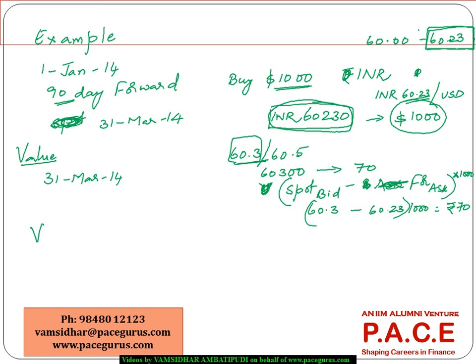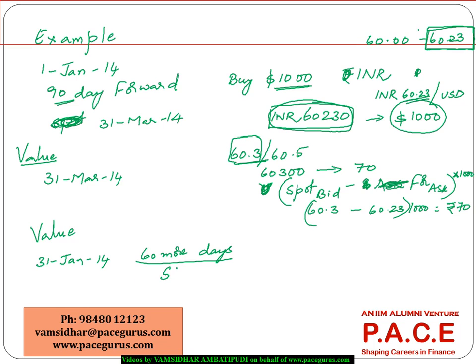Now let's say I want to look at the value on 31st Jan 14, which means there are 60 more days for the expiry of the contract. So for this, again I will look at the quotations.